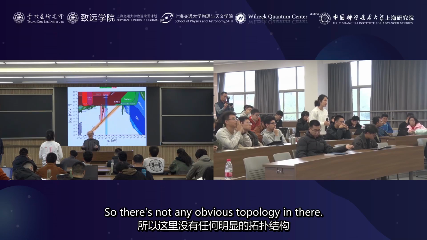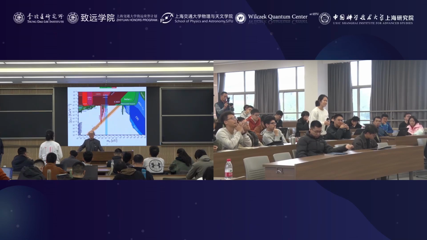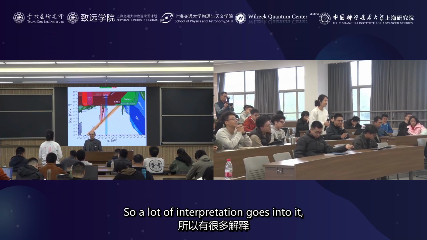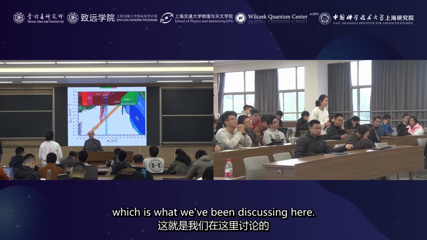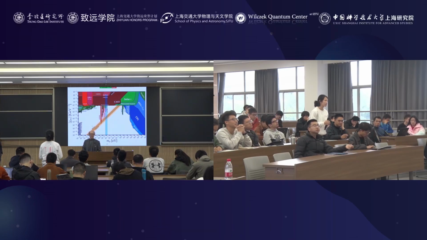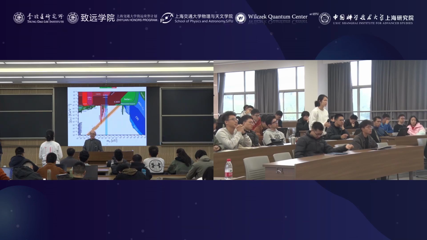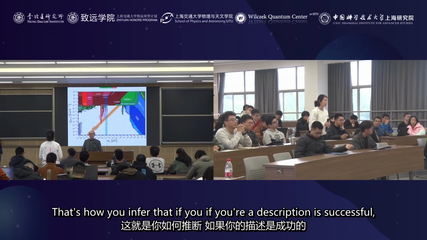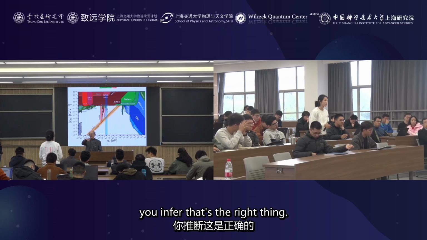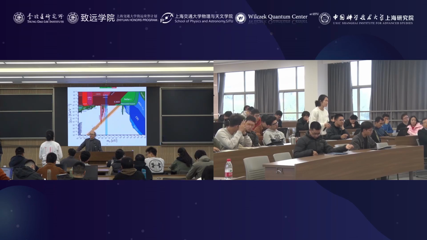So there's not any obvious topology in there. A lot of interpretation goes into it, which is what we've been discussing here. But you derive consequences from the deep theory that are reflected in the experiments or not, and if your description is successful, you infer that that's the right thing.